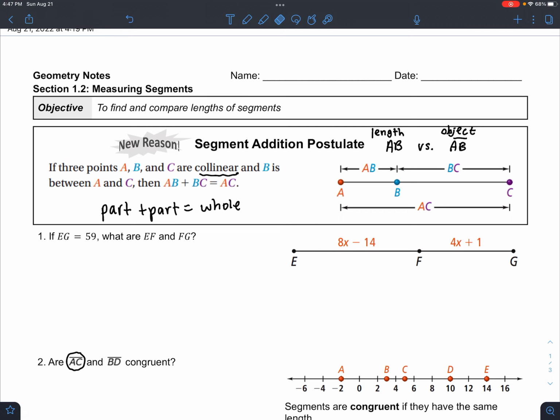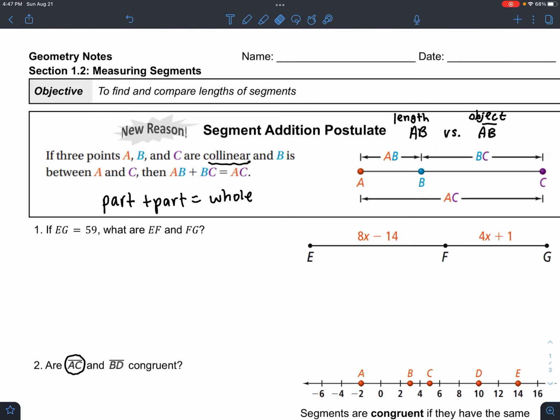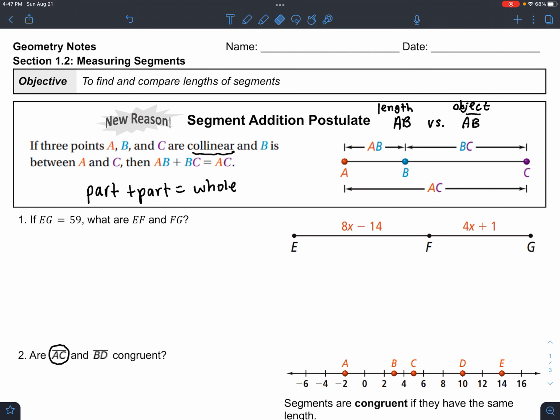So it says if EG is 59, what are EF and FG? Okay. Well, all we really know is that we can take EF plus FG. We know by the segment addition postulate, a proven statement or fact, that this is equal to EG.